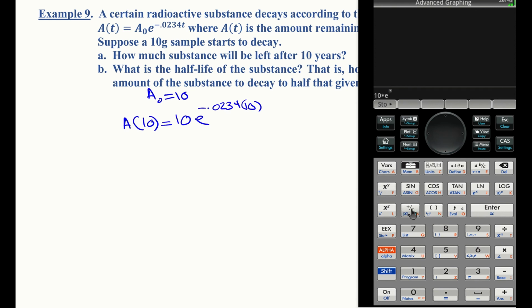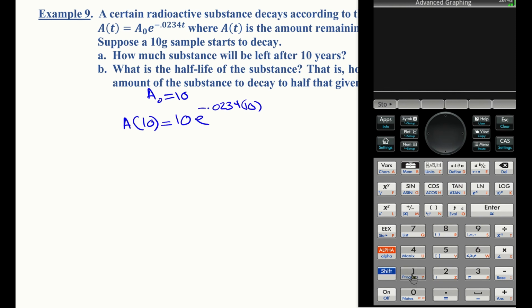In fact, if you want to get a value for e itself, you can just type shift ln and then type 1. See? That'll tell you what e is, which you already knew. So if you ever forget what e is and you want to kind of see it, you can just type e to the 1. All right, that was a little tangent.